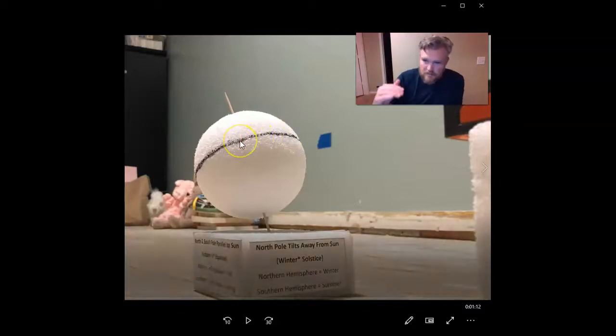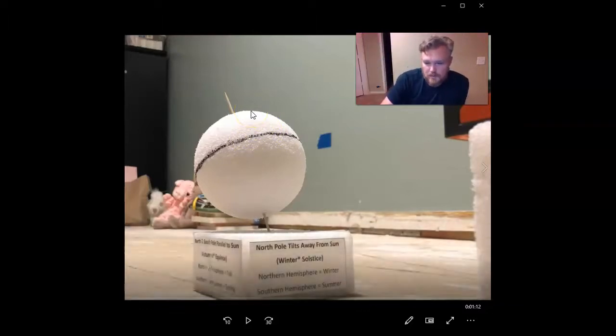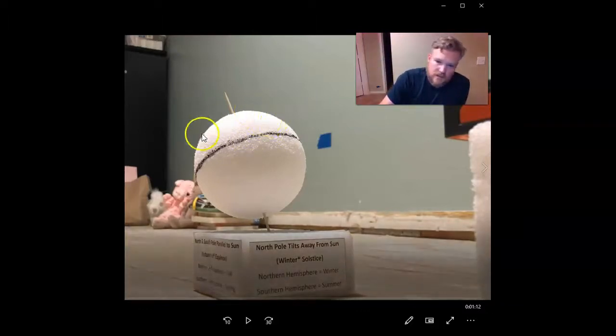The equator is the middle, where the sun is hitting during equinox, and then the other two are where the sun is directly over during solstices. In the northern hemisphere, the summer solstice is in our summer, and in the southern hemisphere, the summer solstice is in our winter.